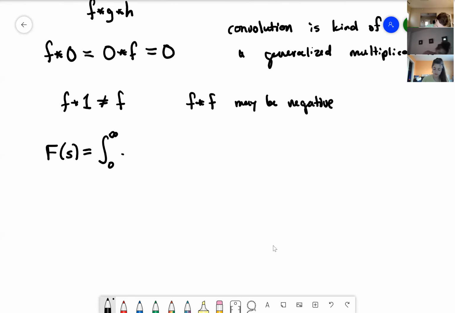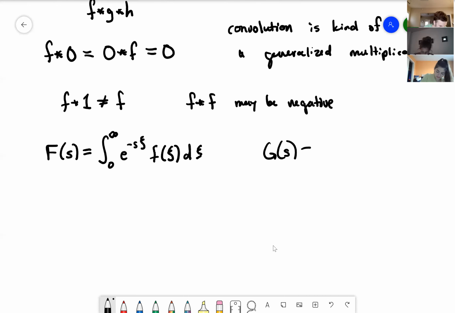So that is written as the integral from 0 to infinity of e to the minus s c, f of c, d c. I'm going to use c to represent the dummy variable here. Kind of looks like an E, but it's got a tail on the end. At least that's how I draw it.